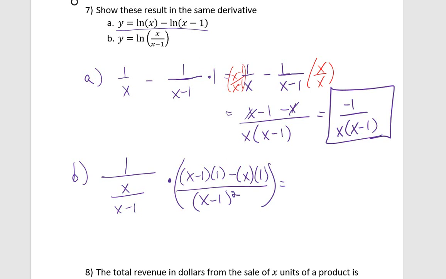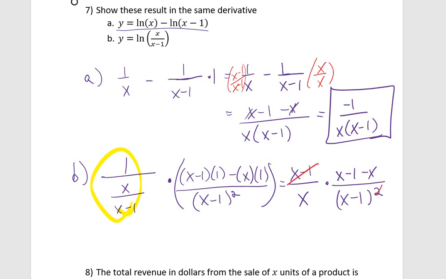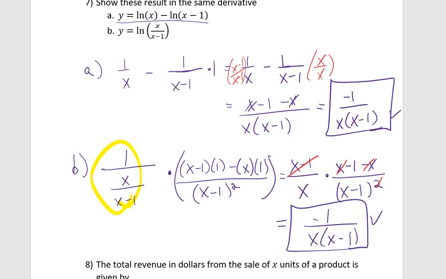Now what I can do is take this piece and rewrite it by flipping it upside down, so it would be x minus 1 divided by x times, now if I simplify this side, I'm going to have x minus 1 minus x divided by x minus 1 squared. Now the cool thing is that that is going to cancel with one of those guys. These x's are going to cancel out. So we are going to get negative 1 divided by, and then the bottom is going to be x times x minus 1. So we get the same answer, and that's by properties of logs.